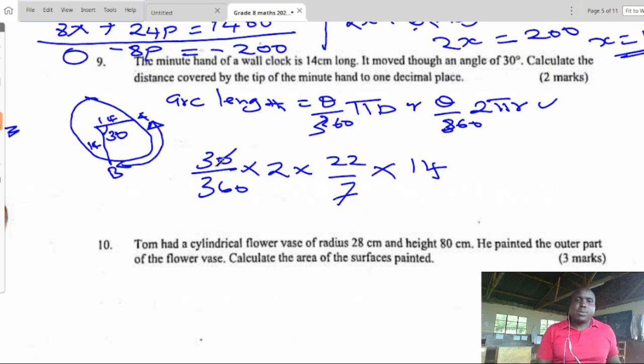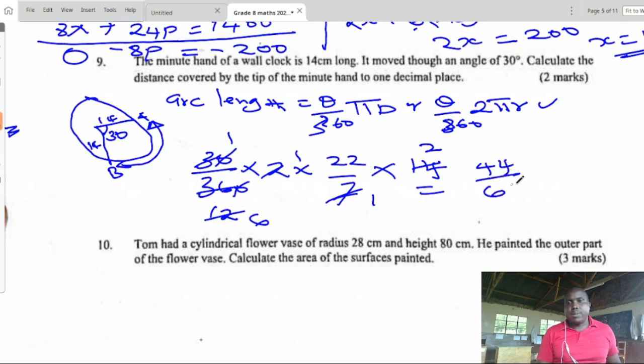Simplifying, 44 divided by 6 is equal to 7 2/6, which is the same as 7 1/3 centimeters.